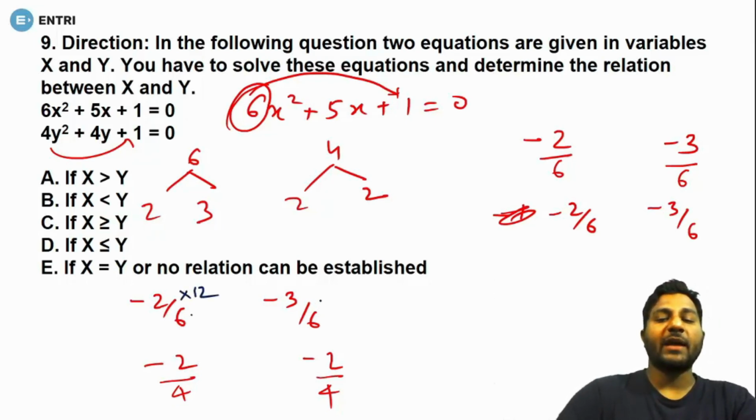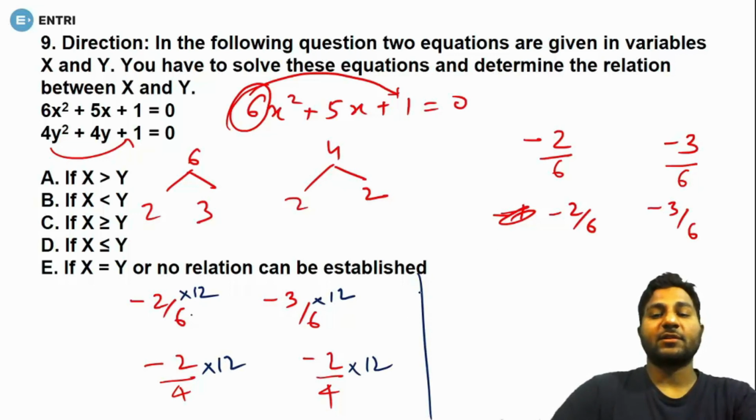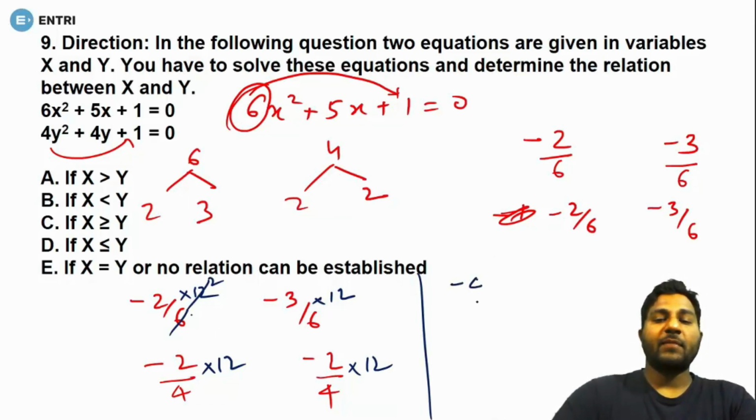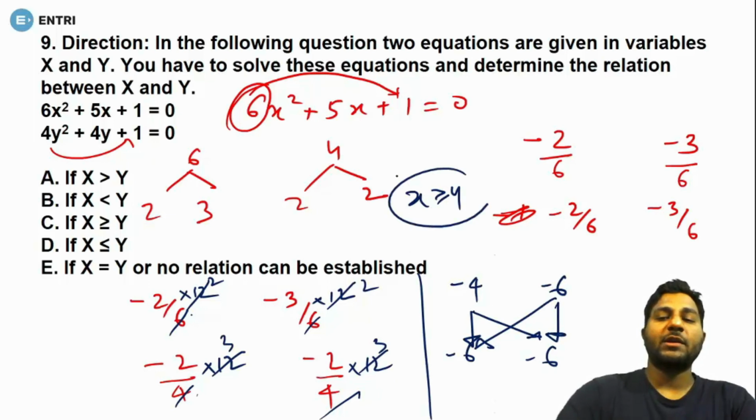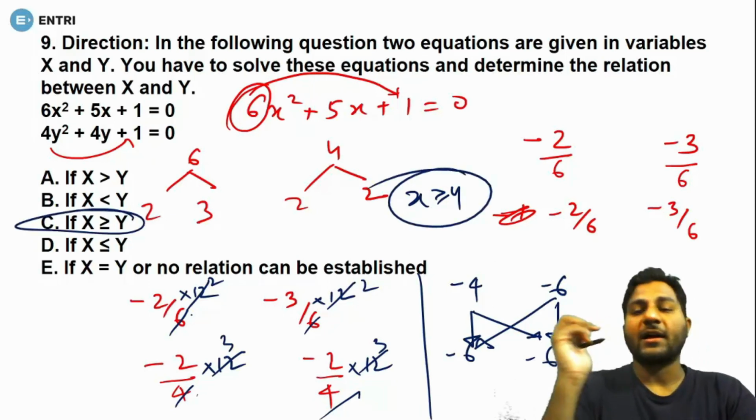So when we multiply with 12 in the x coefficient or in the y coefficient, it will become −4, −6, −6 and −6. So x is greater than or equal to y, the clear answer.